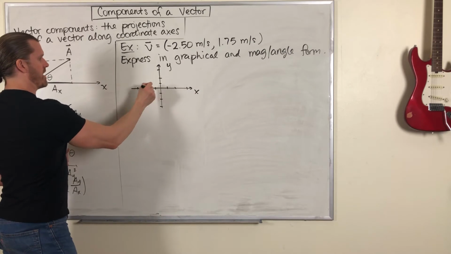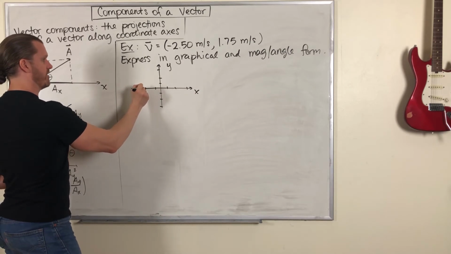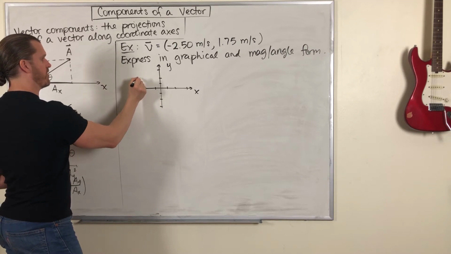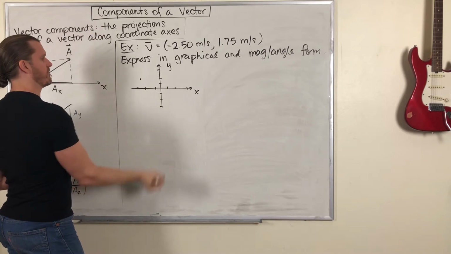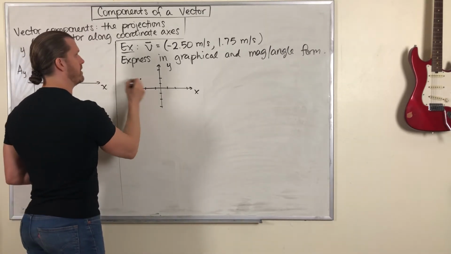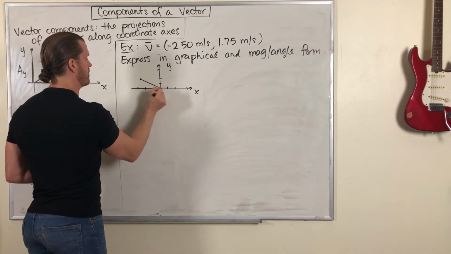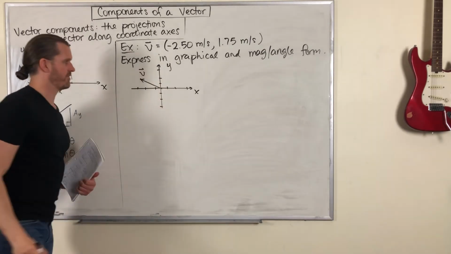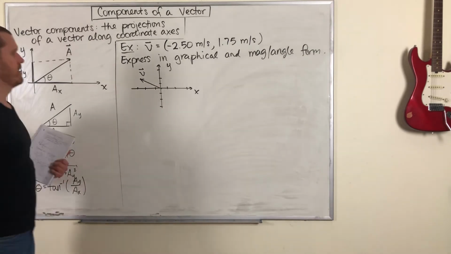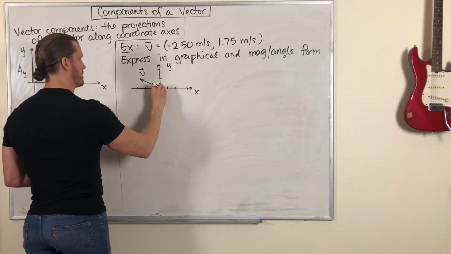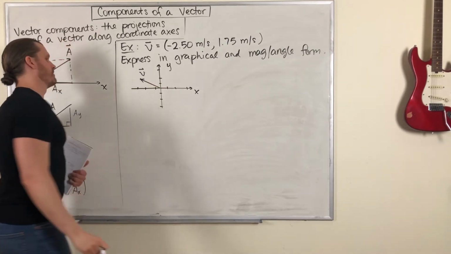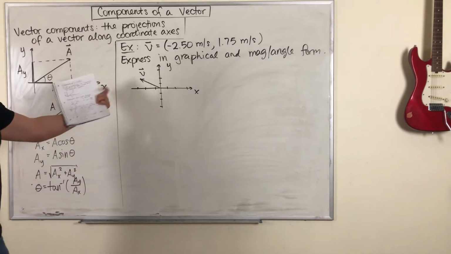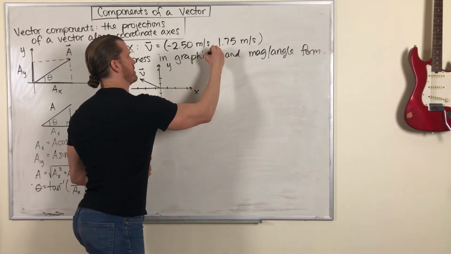So we go minus 2.5 along x and 1.75 along y. Sorry my points are drawn so poorly, but it would be somewhere around there. So there's my V vector. All right, we did it in graphical form. Check.